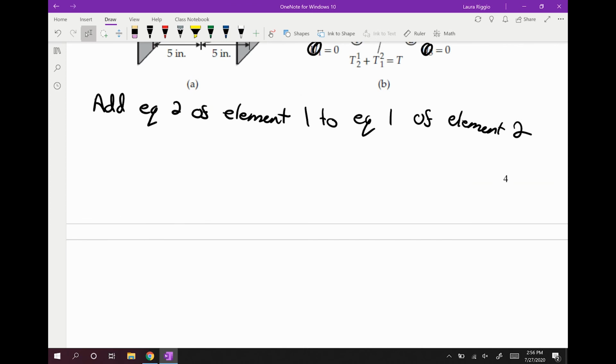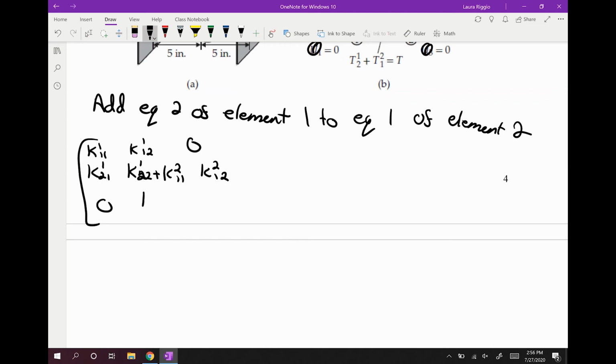So our system of equations is [K11(1), K12(1), 0; K21(1), K22(1) + K11(2), K12(2); 0, K21(2), K22(2)]. So something we're going to note is that our stiffness matrices are always symmetrical, and if you have elements connected in series, they simply sum along the diagonal.